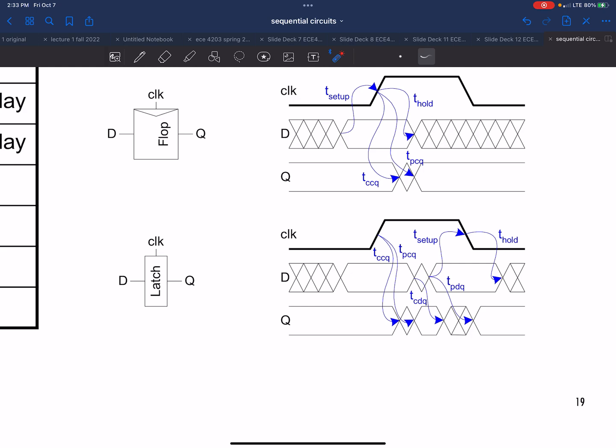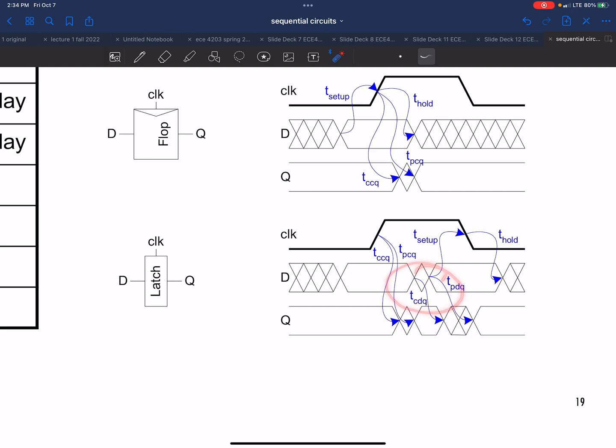But in a latch, when your clock is high, if your D input is switching while the clock is high, it still shows up on your output. So in a latch, you also have so-called D-to-Q delays. Your input D to Q has a contamination delay and a propagation delay also.